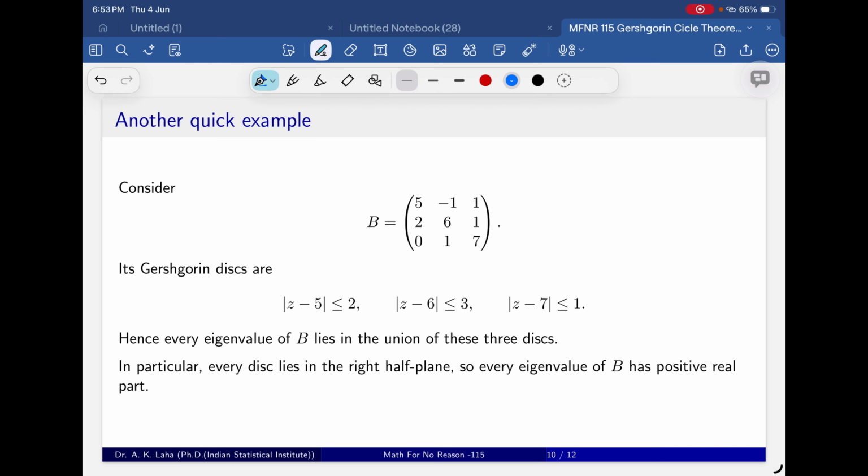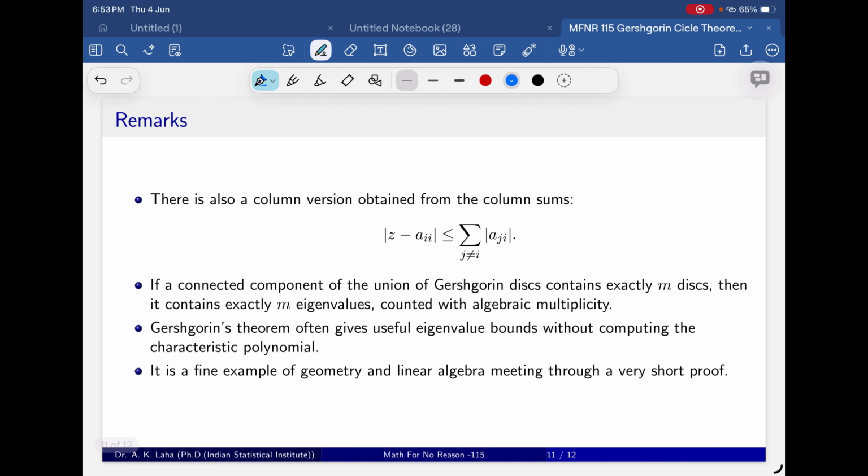And the third one is mod of z minus 7 less than or equal to 1. The eigenvalues of B must lie in the union of these three disks, and I encourage you to check this result. A similar version can also be derived for the column sums.